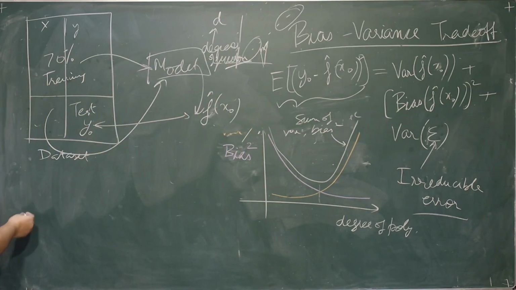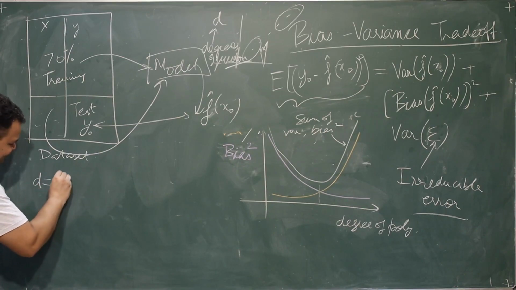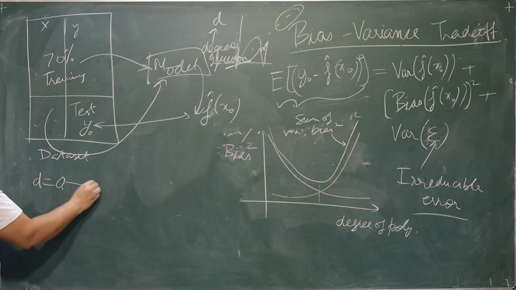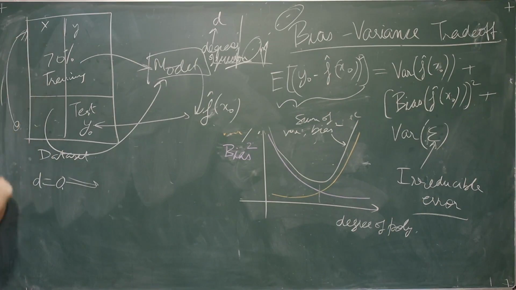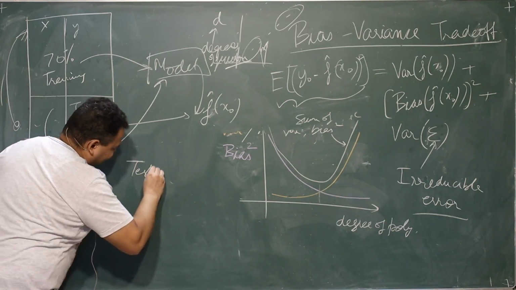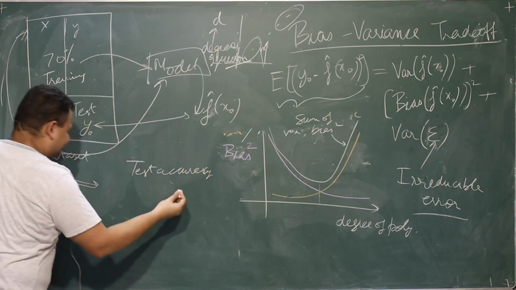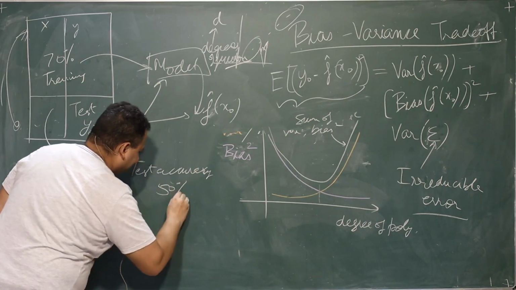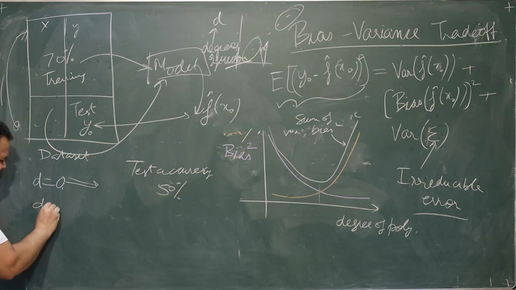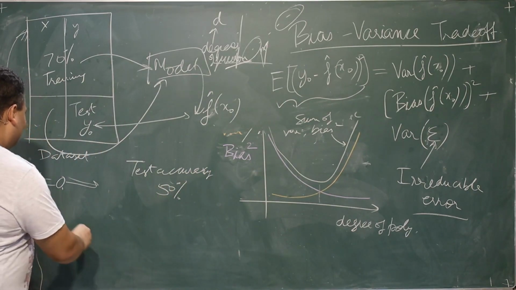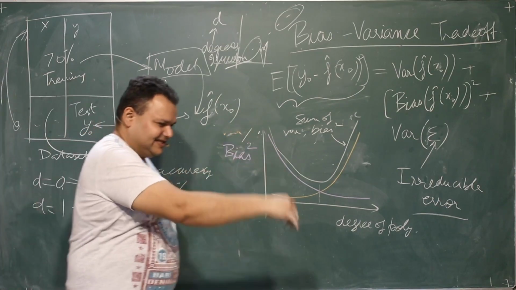So what Medha is saying is that let us start with D equal to 0. Then do this whole procedure, compare these two. We did all of this and found out the test accuracy. Let us say at D equal to 0, my test accuracy was 50%. Then what did I do next? I chose D equal to 1 and found out the test accuracy again.